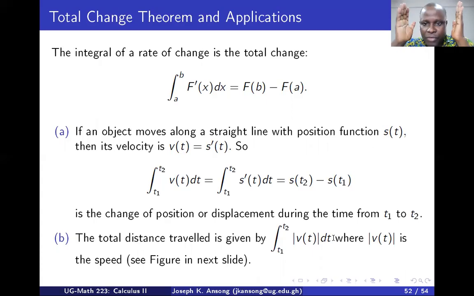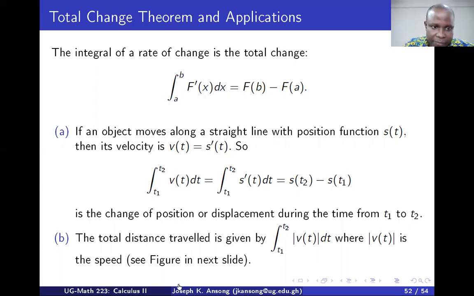So in other words, if you are given the position function, it's straightforward to compute its velocity: just find the derivative of the position. If you integrate the velocity, remember in the distance problem, if you sum up the various pieces, you're going to get the change of position, or displacement.